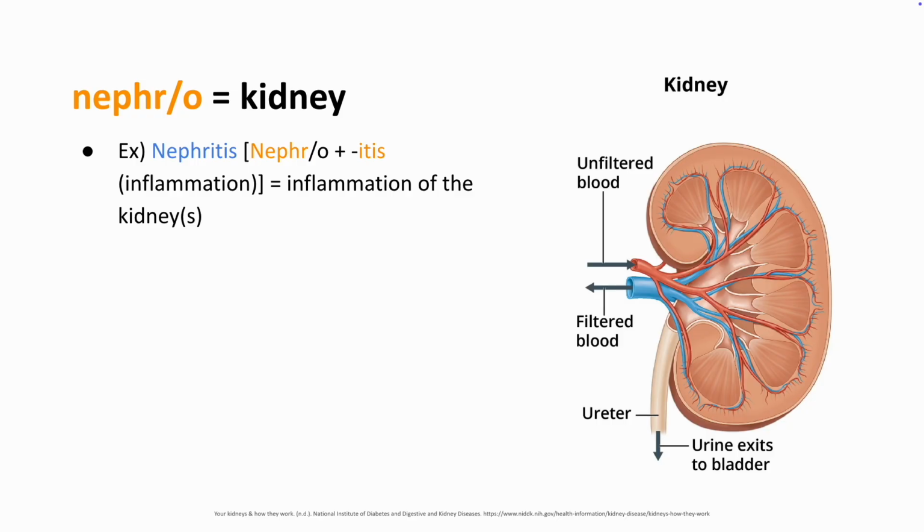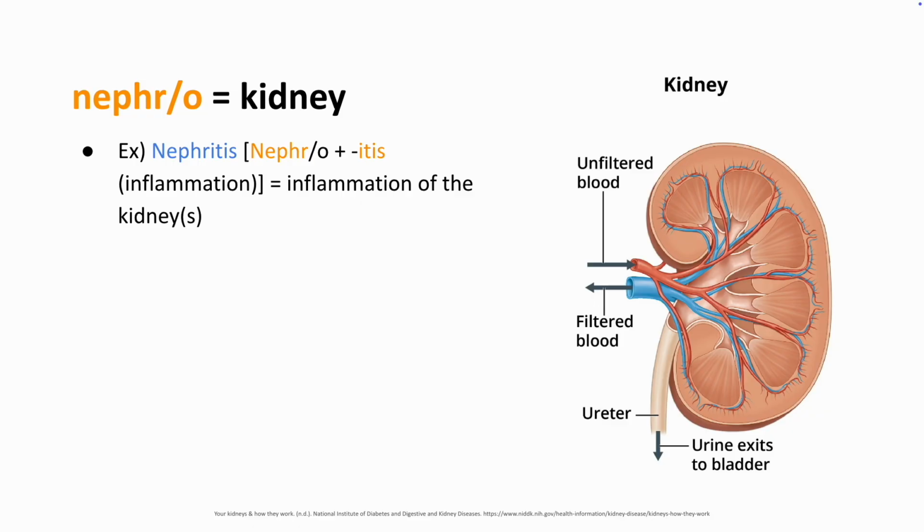The terms I try to find are one of the more used ones, but some of them only exist for one specific disease they want to refer to. But nephro, I think, has a lot of use. Nephritis is inflammation of the kidney.